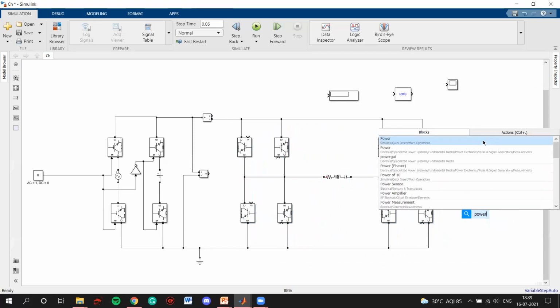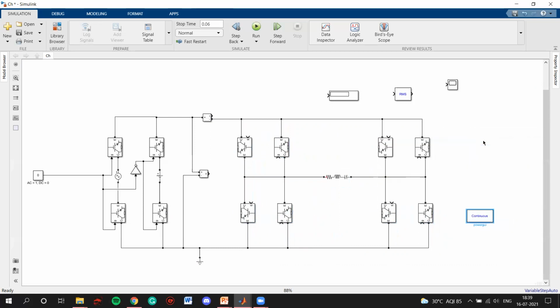Take the Power GUI block. We will use it and we will use continuous simulation here. We will not go for discrete.